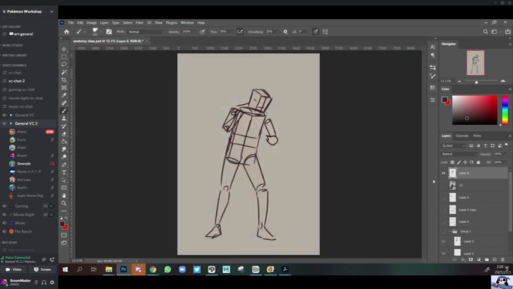So something like this. You can start learning how to break it down to simple shapes like this.